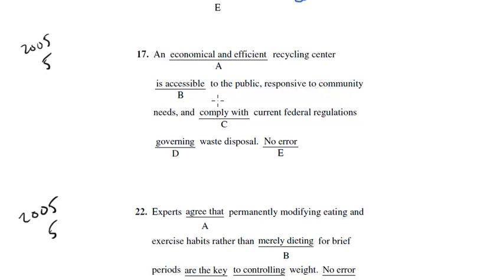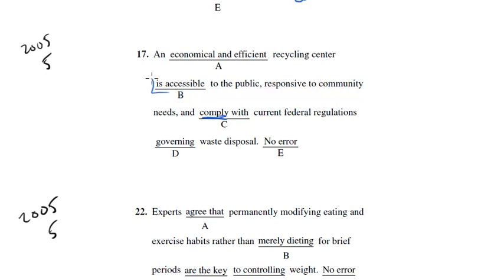Let's look at this one. An economical and efficient recycling center is accessible to the public, responsive to community needs, and comply with current federal regulations governing waste disposal. Again, we see this verb comply. What is the subject? Well, we go back to the beginning and see an economical and efficient recycling center is accessible to the public, responsive to community needs, and comply with.